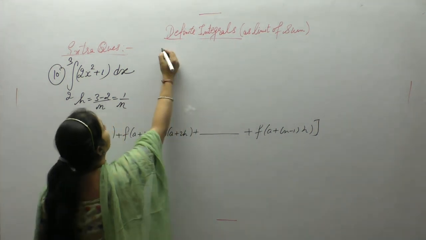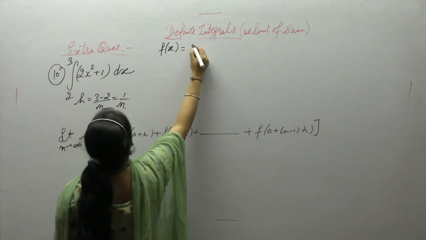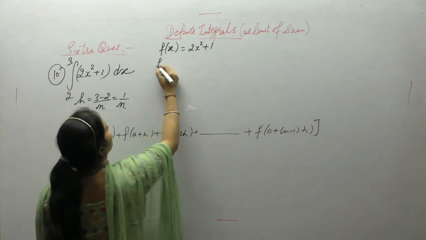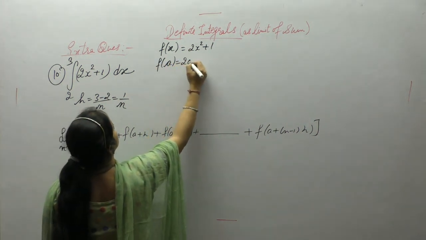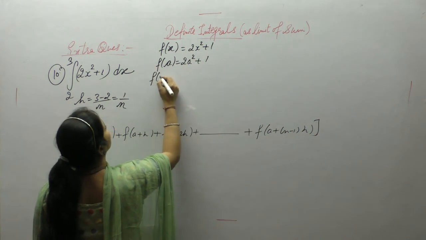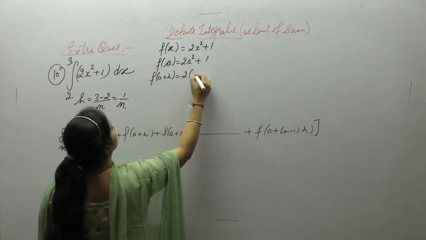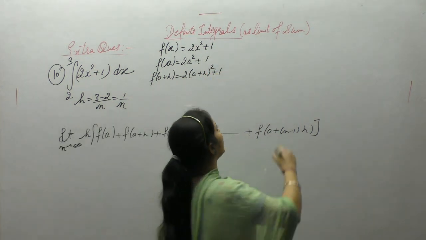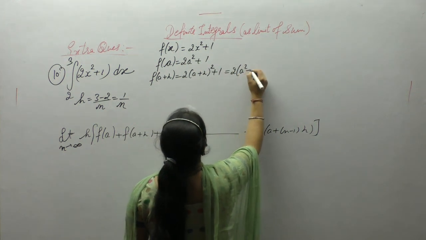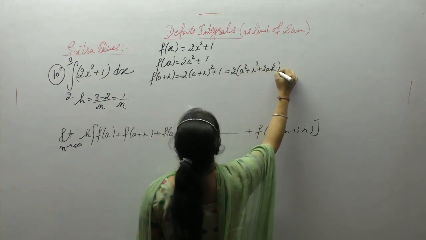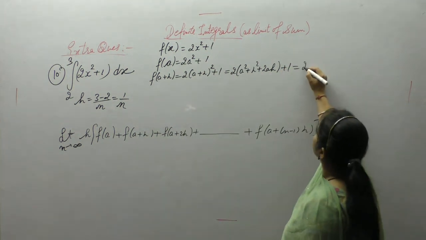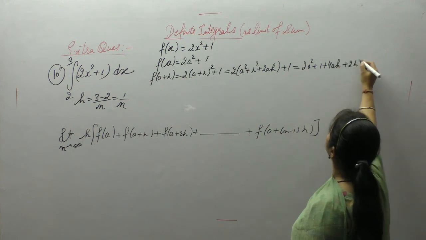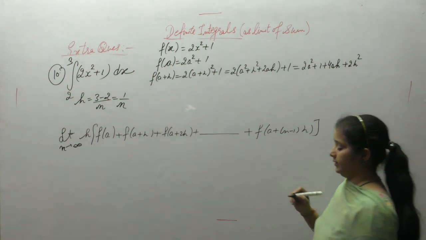Now find the value of f of a plus h and so on. f of x is 2x square plus 1. Now f of a is 2a square plus 1. f of a plus h is 2 times a plus h whole square plus 1. Open the bracket now. a plus b whole square is a square plus b square plus 2ab plus 1. So 2a square plus 1 plus 4ah plus 2h square.